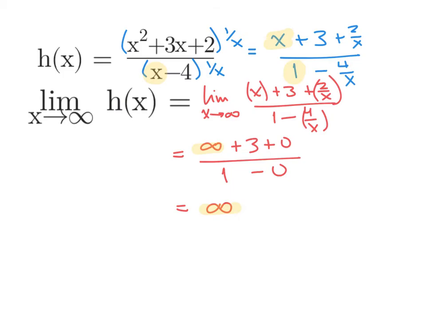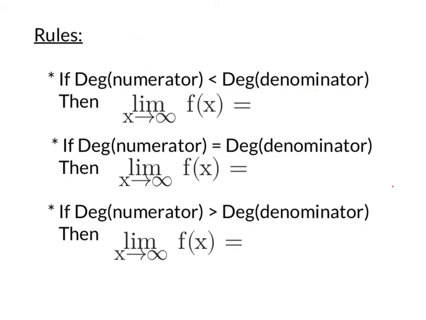In fact, we've got 3 different scenarios that involve the degree of the numerator and the degree of the denominator. If the degree of the numerator is smaller than the degree of the denominator, something like 1 over x, for instance, as x approaches infinity, that limit is going to be 0.